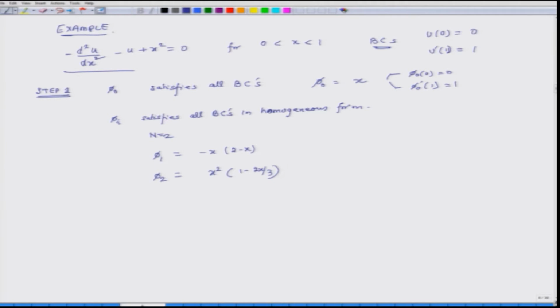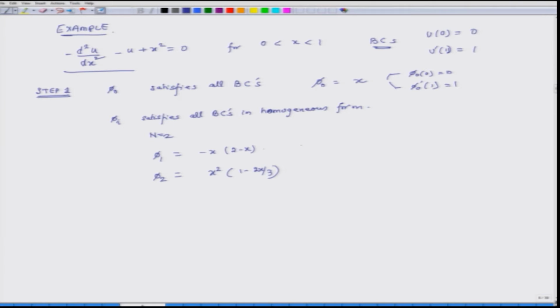So let us see, phi 1 at x equal to 0 is 0, it satisfies that boundary condition. Then phi 1, its first differential is minus 2 plus 2x, right, and that is equal to 0 at the other end.